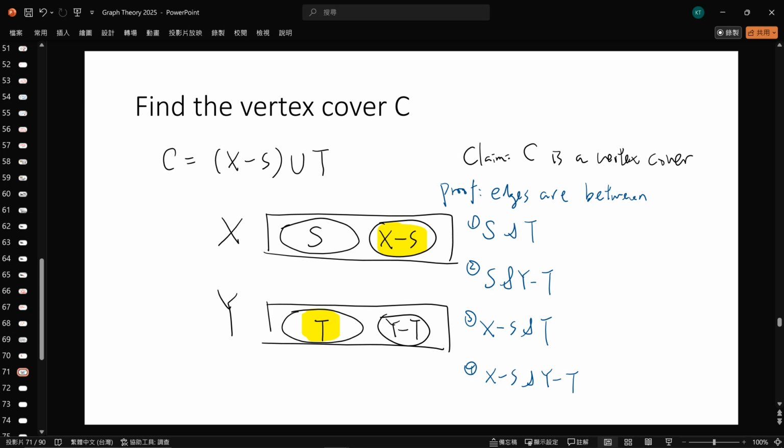The first subset is the edges between S and T. Then we have edges between S and Y minus T, then edges between X minus S and T, and the final set is between X minus S and Y minus T. Once again, this is a bipartite graph, so we cannot have edges between S and X minus S. Similarly, we cannot have edges between T and Y minus T. So we only need to check whether we can cover all these possible edges.